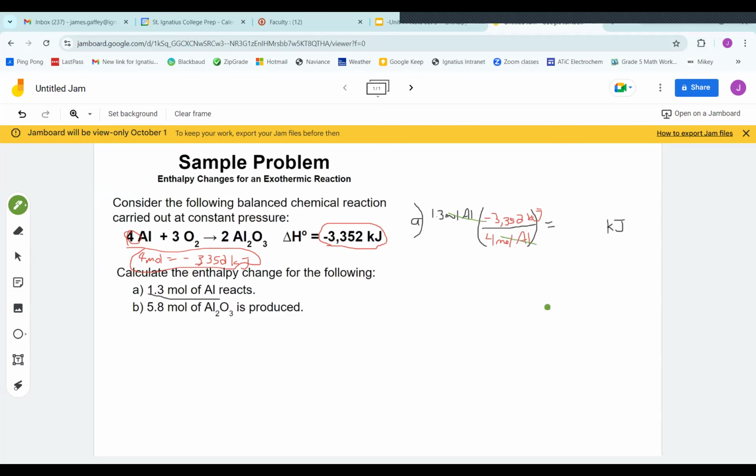Now, on your calculator, let's type in 1.3 times negative 3,352, and we'll divide that by 4. And I get negative 1,089. I'm going to round it there.